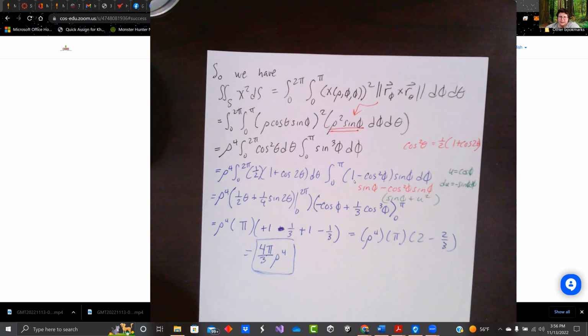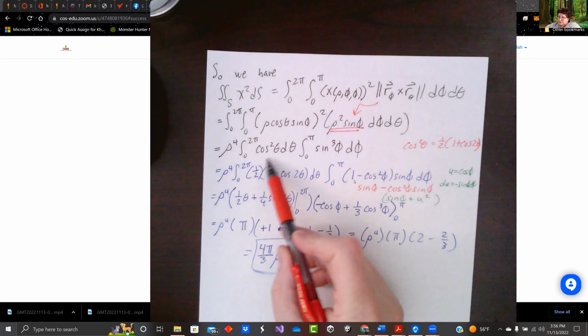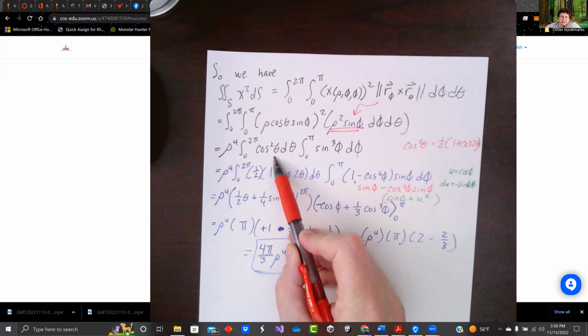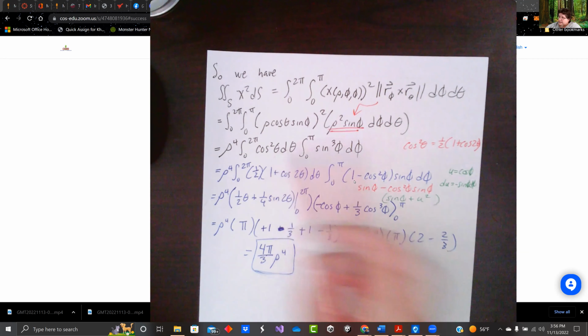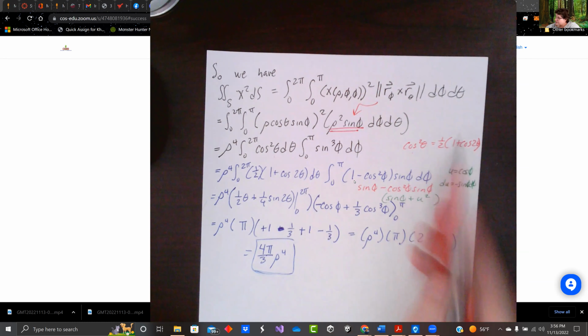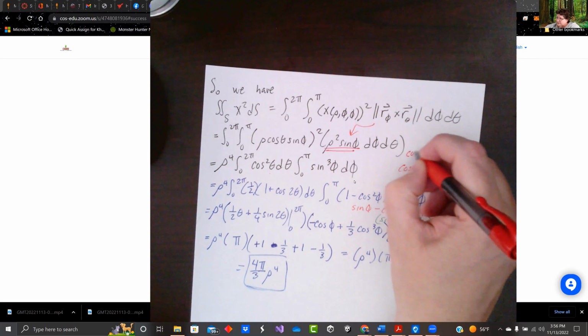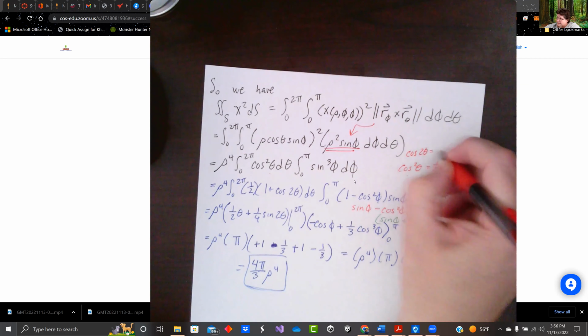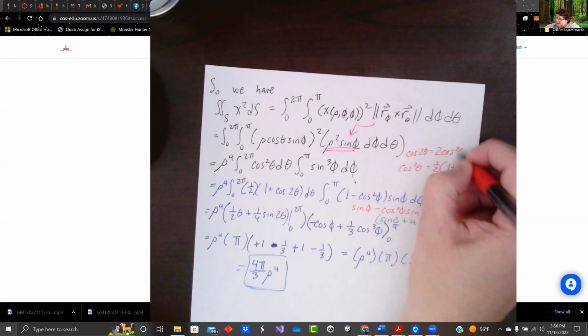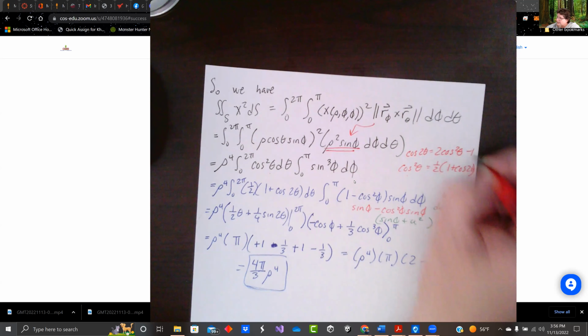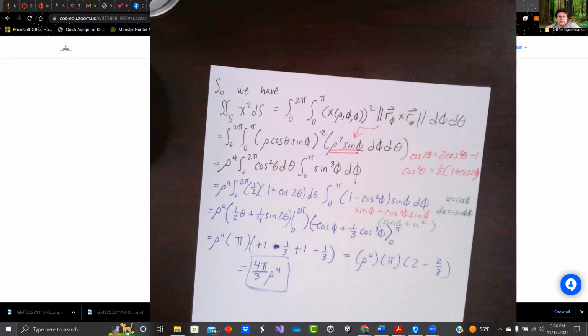As a reminder, the way to address when we just have a trig function squared, sine or cosine, is to use the cosine 2 theta formula. Cosine 2 theta has a bunch of variants, but the one we're using here is 2 cosine squared theta minus 1, and we solve for cosine squared.